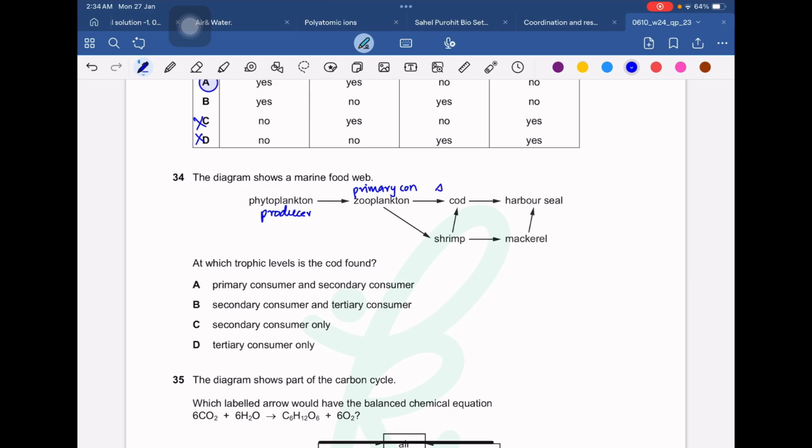The cod will be the secondary consumer. Whereas if I go by the second way, shrimp is the secondary consumer and cod will be the tertiary consumer. So the cod is feeding at two trophic levels, that is the secondary consumer as well as the tertiary consumer. So the answer for this will be B.